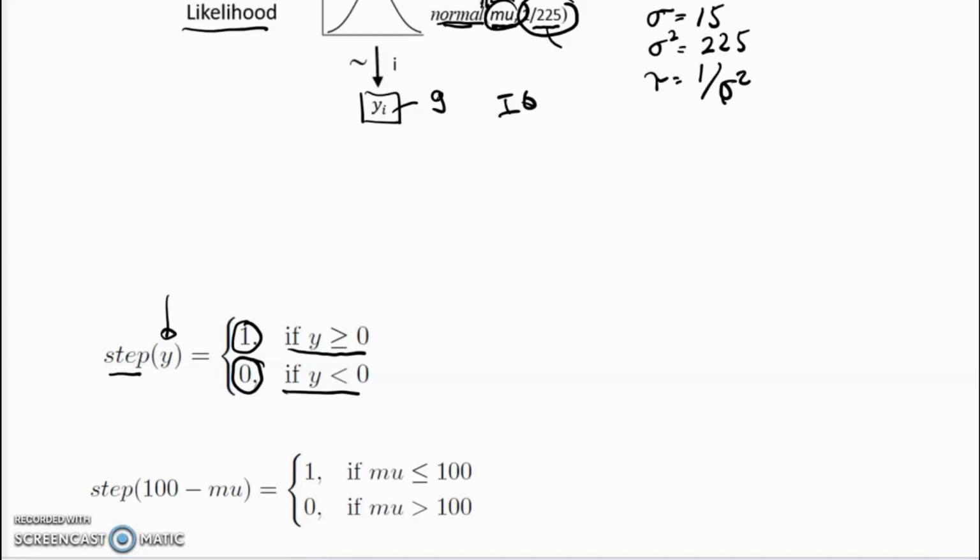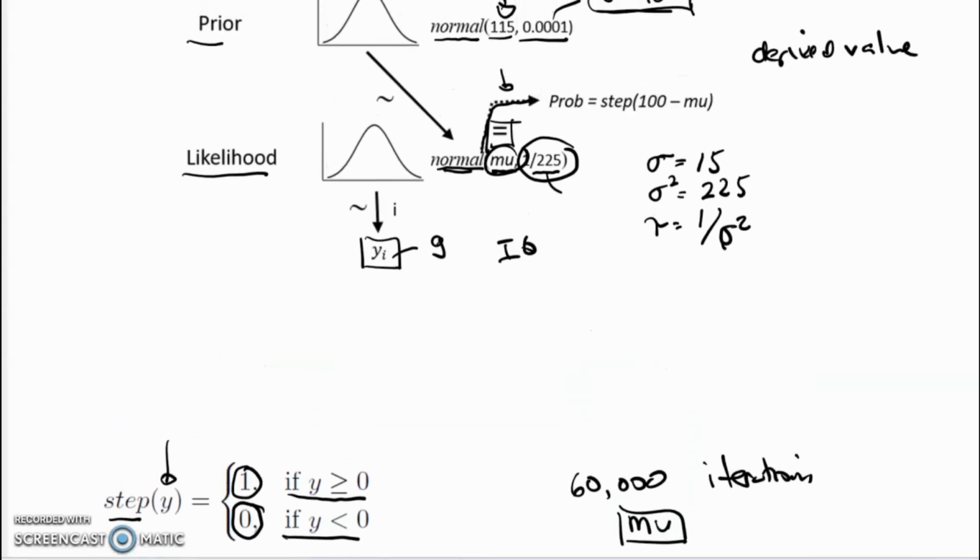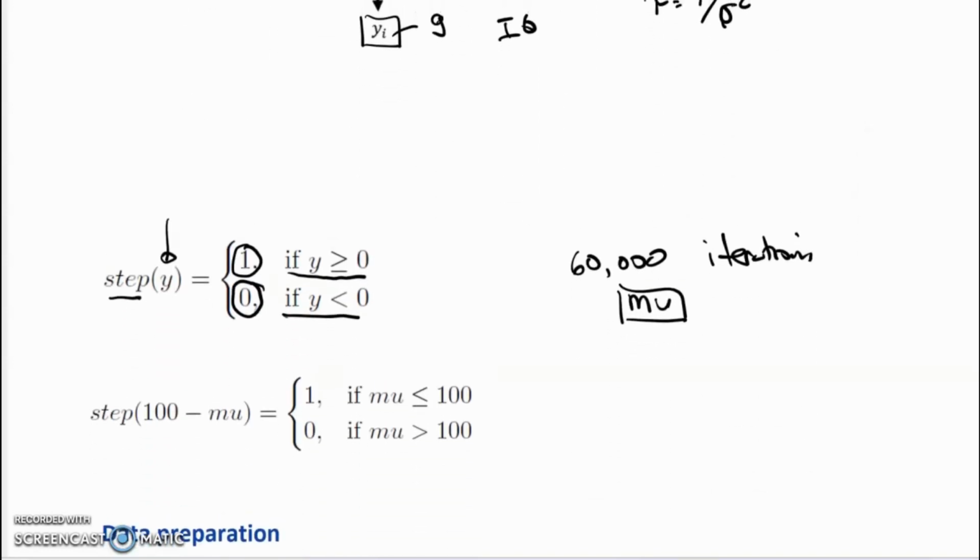So you think what's going to happen as run-jags goes on its random walk, it's going to go through 60,000 iterations, and at each iteration, it's going to calculate a value of mu, but at each iteration, it's also going to calculate this derived value of prob that's given by that formula. So you think what's going to happen if the value of mu is less than 100, let's say it's 95, then what's going to be returned is a value of 1, whereas in contrast, if mu is greater than 100, let's say it's 105, then what's going to be returned is 0.